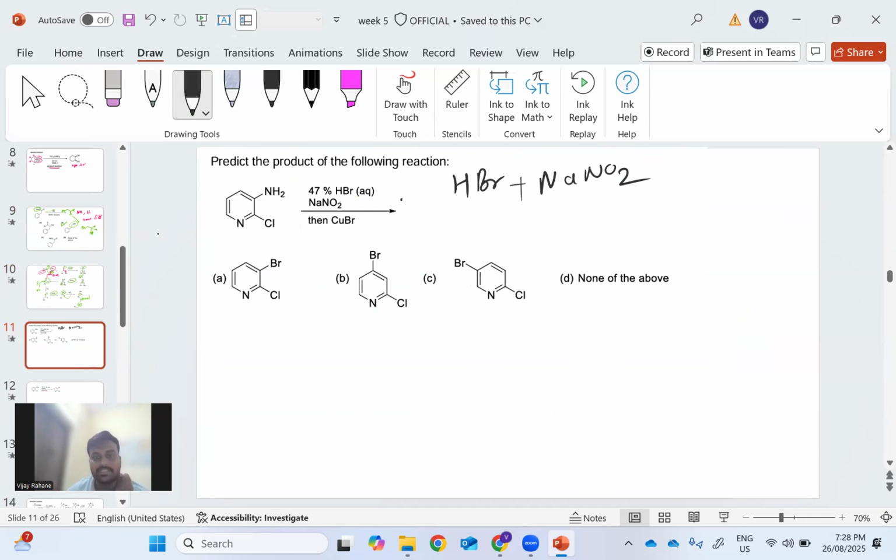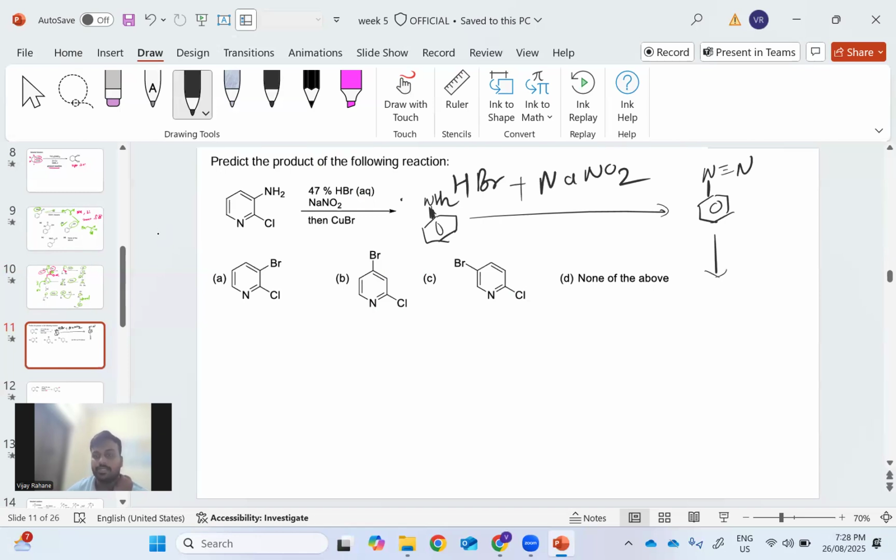The HBr, that is the acid, and NaNO2 help to form, if you have the NH2, it converts this NH2 into N2, N triple bond N. So that's the first step of the reaction.